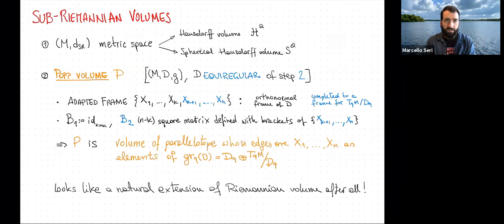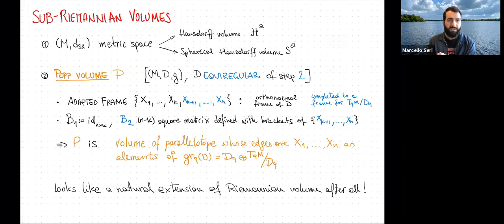And it turns out, if you don't have the rest of the distribution, this is the same definition you have for a Riemannian volume, because you would just have X_1 to X_k, and your manifold has dimension k, so it's just the volume of that parallelotope with the metric defined on the tangent bundle. But if you extend this definition with this adapted frame, and here there are some technicalities that I'm avoiding, but it's not too complicated as a definition, then it turns out that this definition does not depend on the frame that you have chosen for the orthogonal complement.